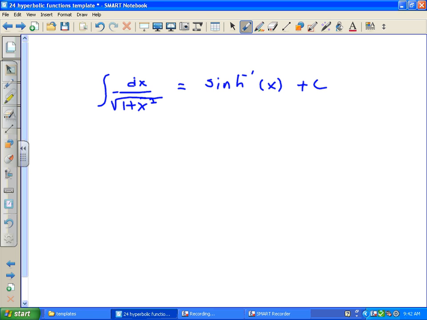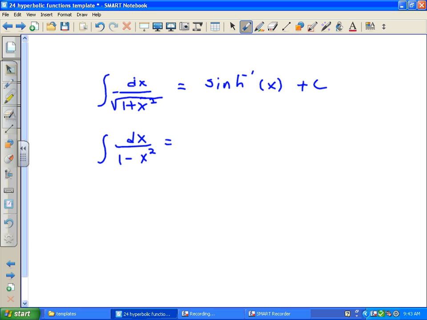Or also, for example, another thing we're going to be able to see at the end of the class today is if you're trying to integrate something like this, 1 minus x squared on the bottom. Well, if it was a 1 plus x squared, what could you have used? Inverse tangent would work, right? Here, inverse tangent doesn't work. U sub doesn't work. Any guesses what might work here, now that we're talking about these hyperbolic functions?